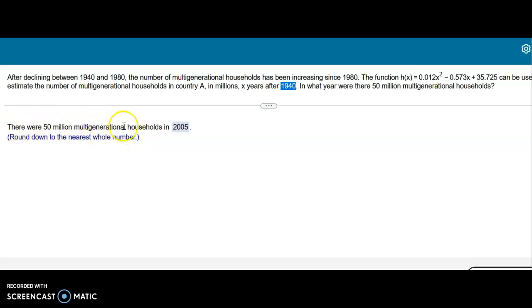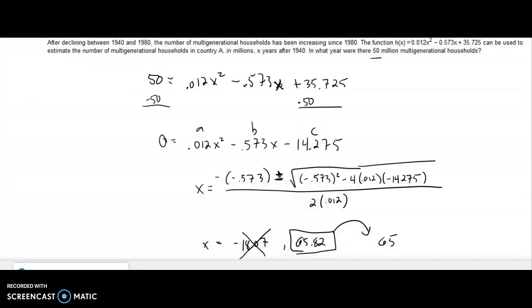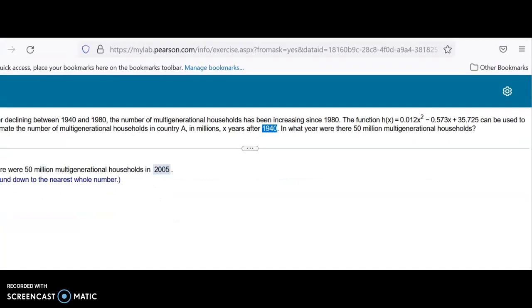There were 50 million multi-generational households in what year? So that's 65 years since 1940, or 65 plus 1940, which gives you 2005. I know the round down part's a little tricky because typically we don't round down, but in this case those were the directions. So we rounded down that answer of 65.82 to 65.